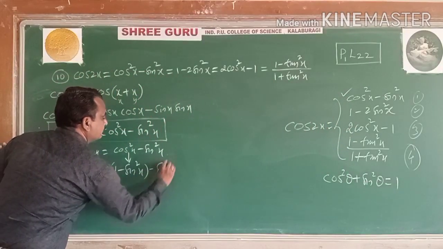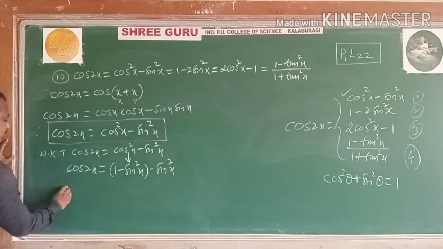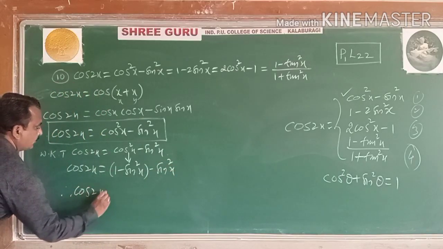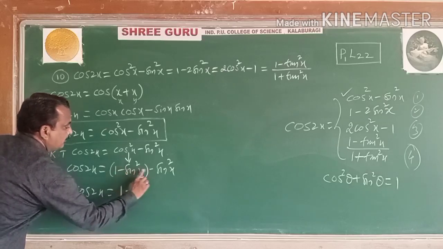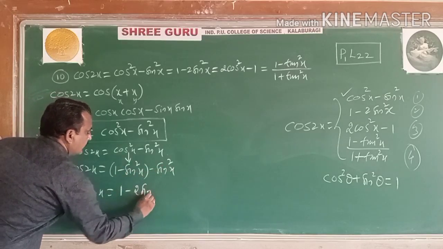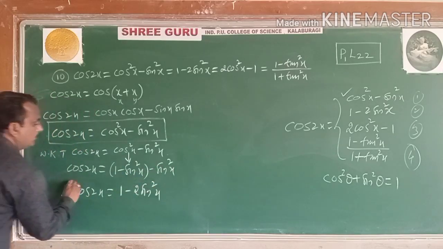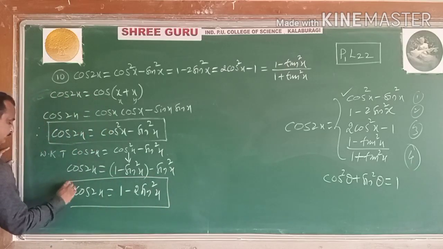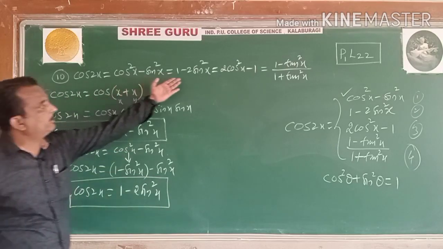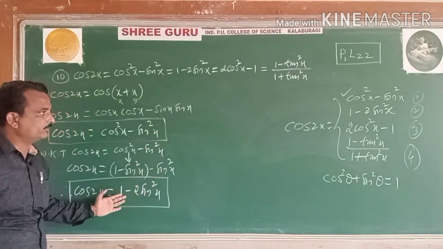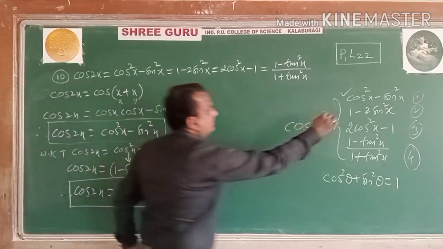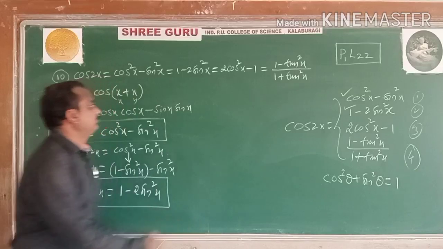Simplify this: cos 2x equals 1 minus sin square x minus sin square x, that is 1 minus 2 sin square x. This is the second form, students: 1 minus 2 sin square x.